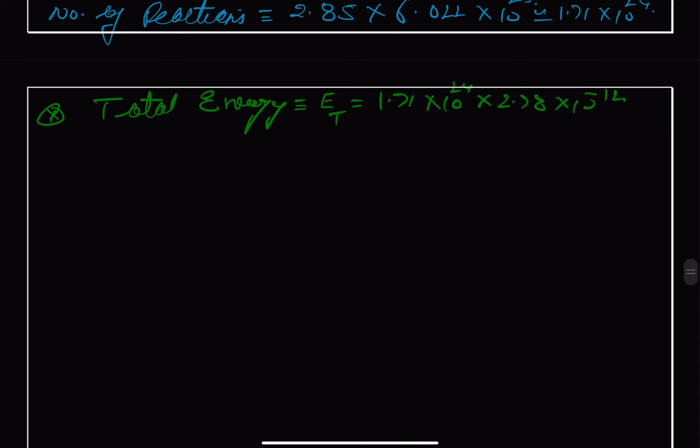So this gives us that our total energy will be equal to 4.78 into 10 to the power 12 joules.